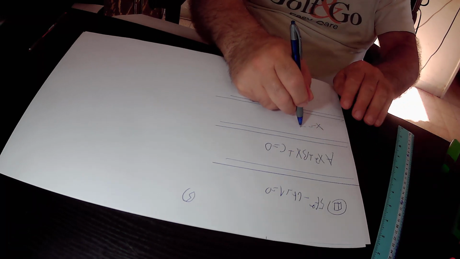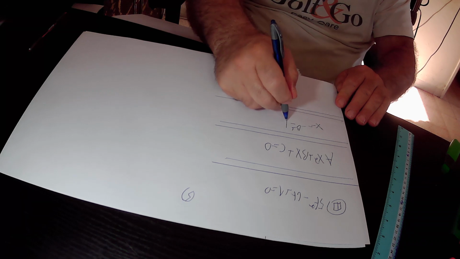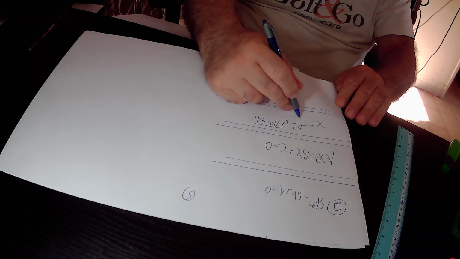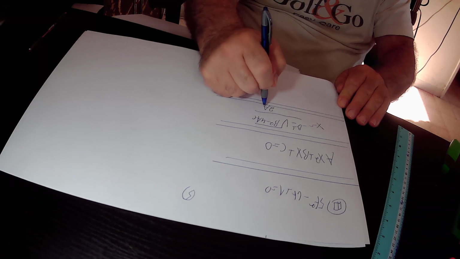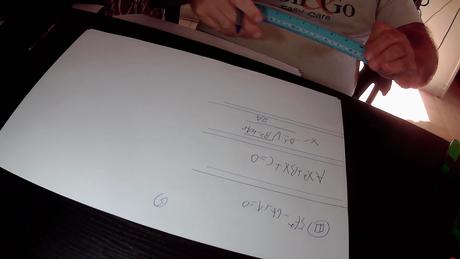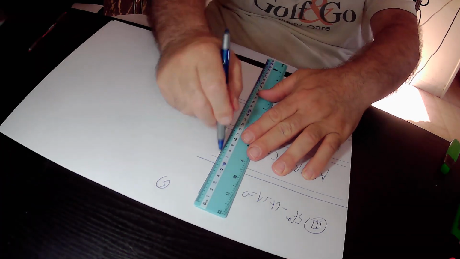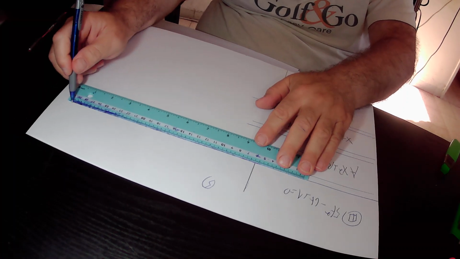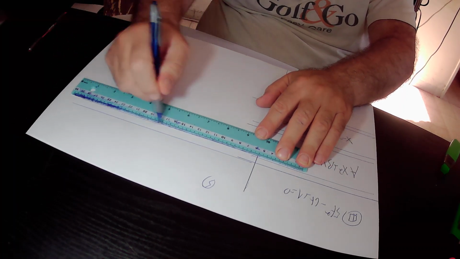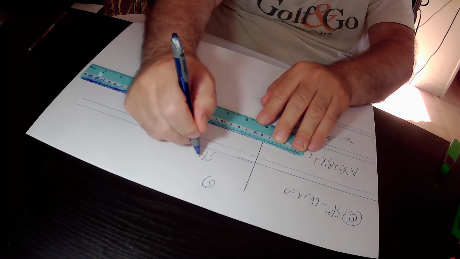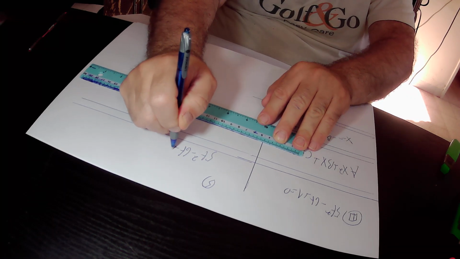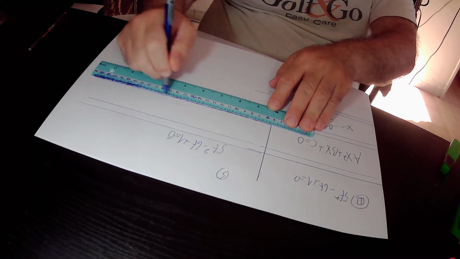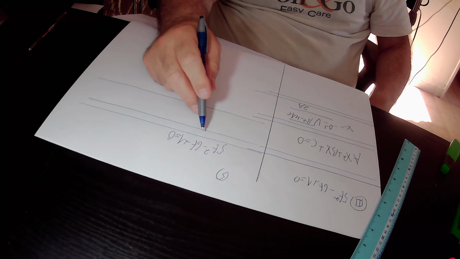x equals minus b plus minus the square root of b squared minus 4ac, all over 2a. In our specific quadratic equation, 5t squared minus 6t plus 1 equals 0, the variable that we are looking for is t.